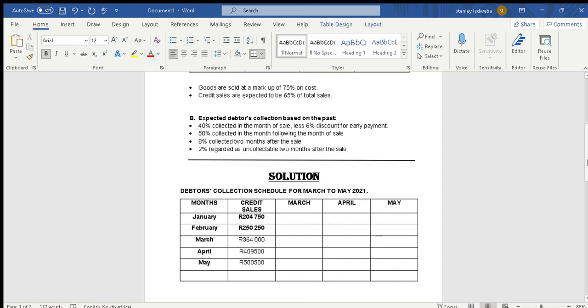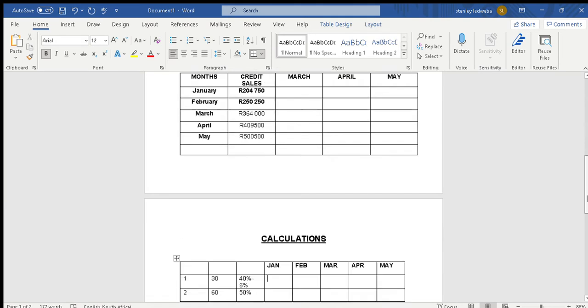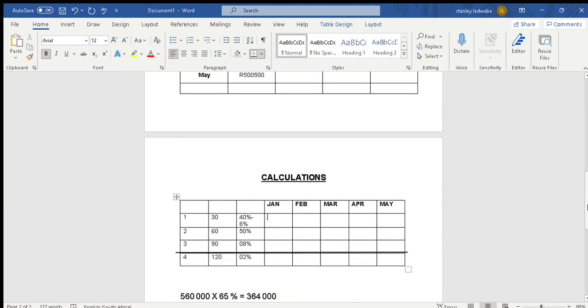If you bought on credit in June, they are collecting the very same month, which is June. Meaning if you bought on credit in January, they are going to collect in January, then February, then March, which means April is written off.